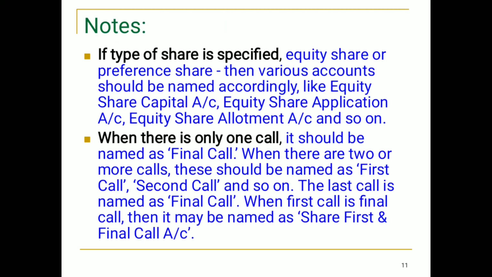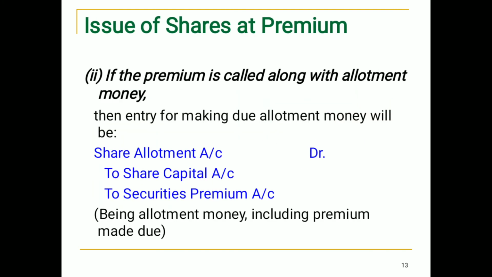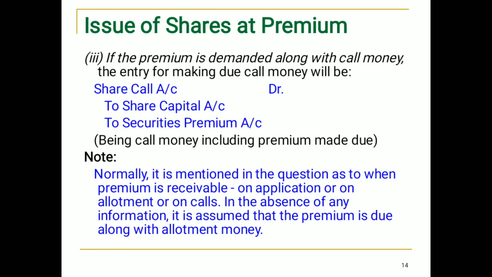So what are we going to add? Just securities premium. Share call account debit to share capital account to securities premium account. Only this much change we are supposed to make in the previous journal entries.